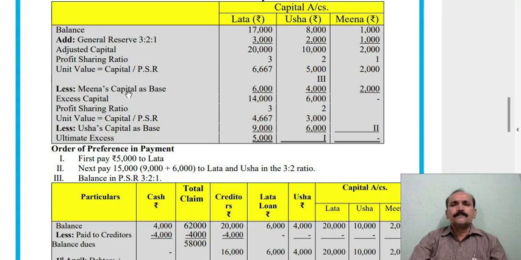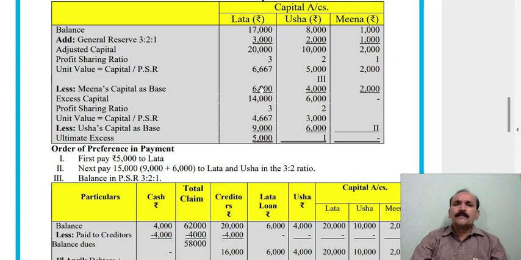Excess capital, less as per the base of Meena's capital, 2,000: multiply 3, 6,000 for Lata; 2,000 multiply 2, 4,000 for Usha; and 2,000 multiply 1 for Meena, as per the base of Meena's capital.